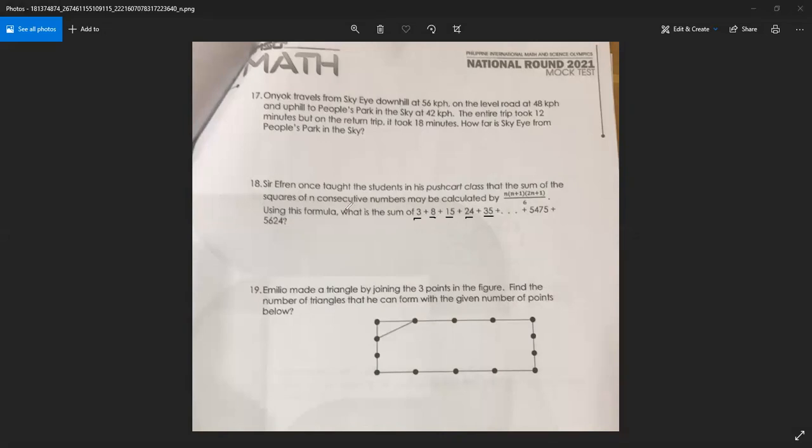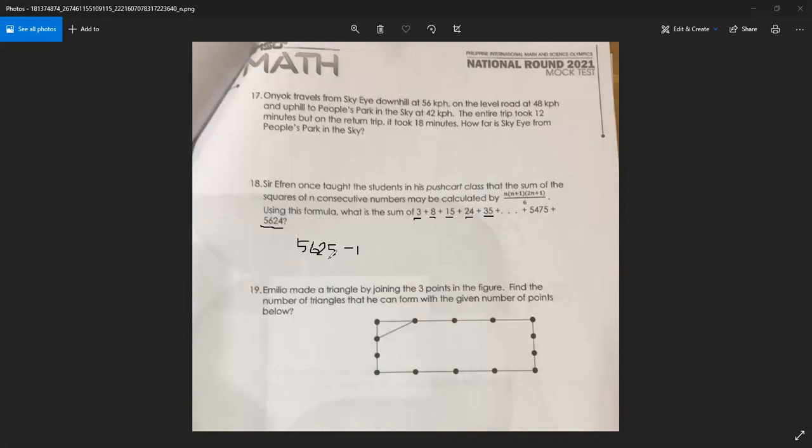So it means that 5,624 is actually equivalent to 5,625 minus 1, wherein 5,625 is actually 75 squared.